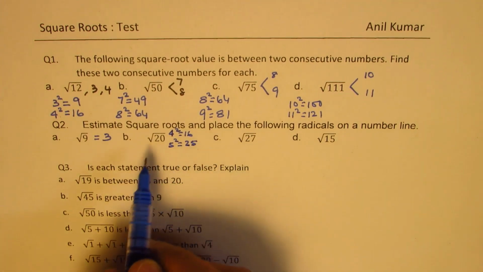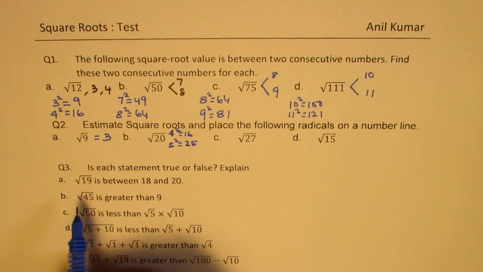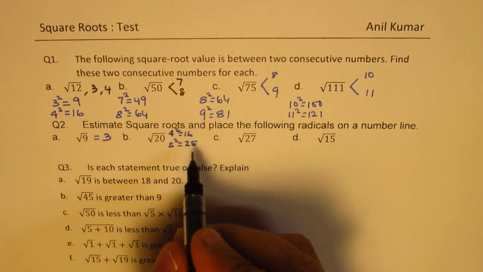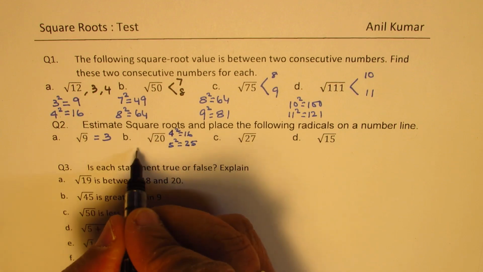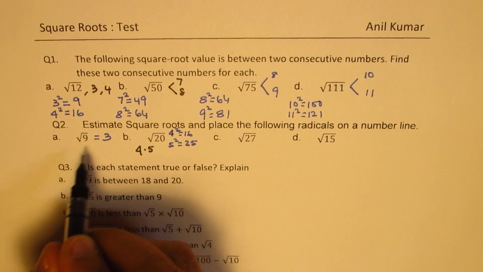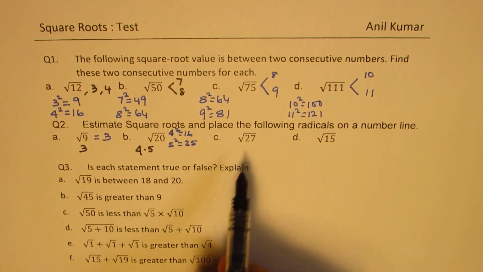So I could estimate square root 20 as a number between 4 and 5. So let's say we have 4.5, right? And that one is 3. Let me write this as 3 here.